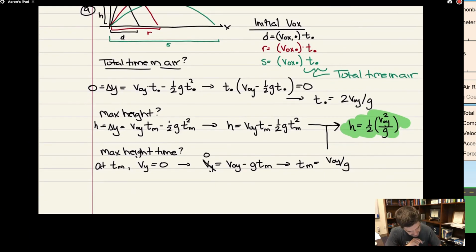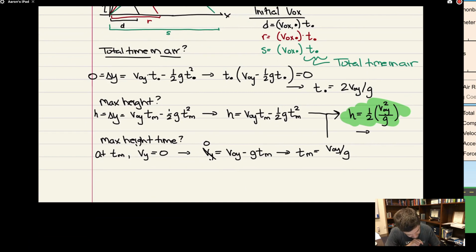So what this implies is that v sub y is the same for all.